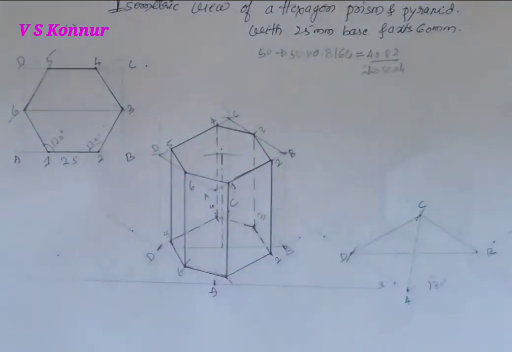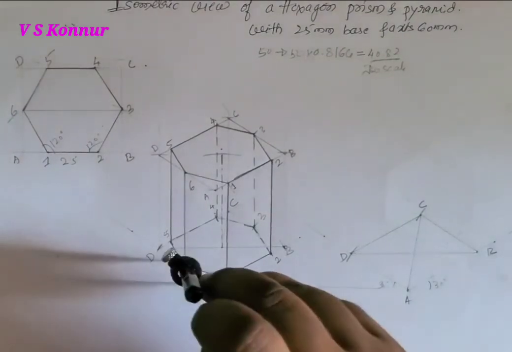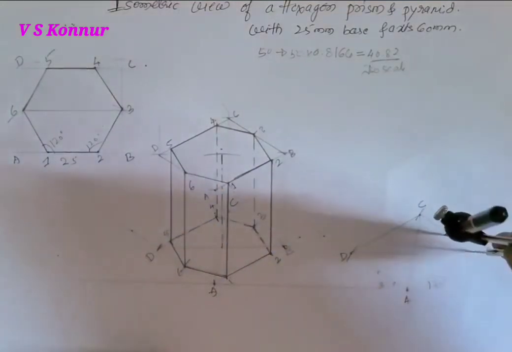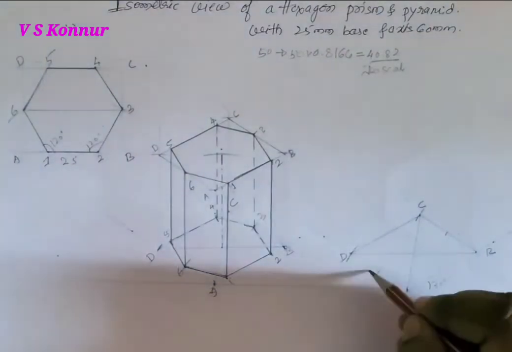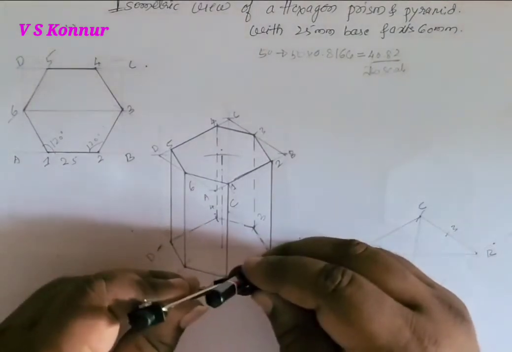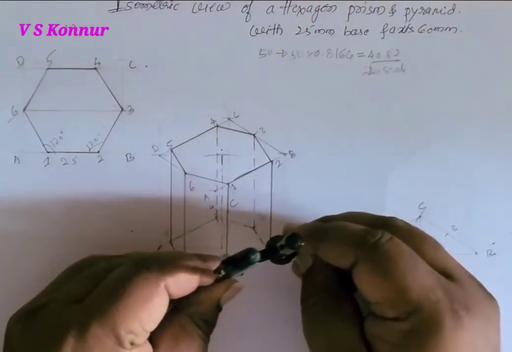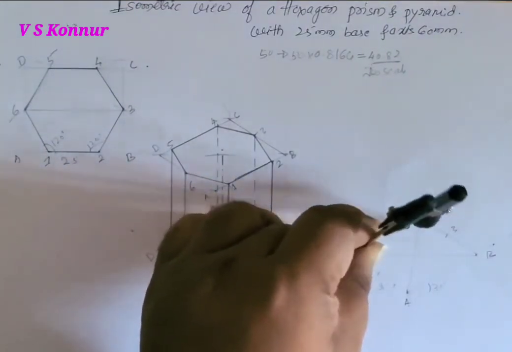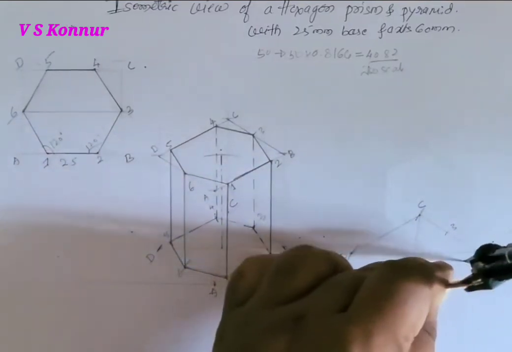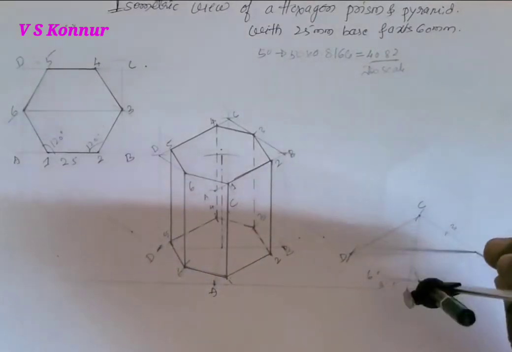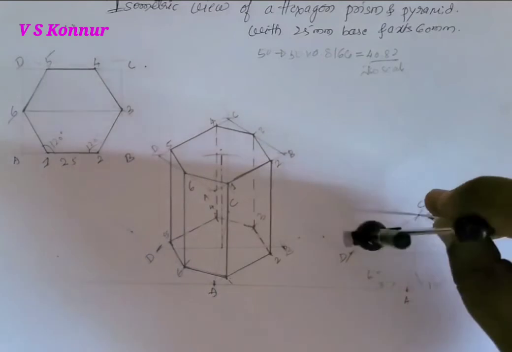Right, now we'll transfer the hexagon on the same box. First we'll take the distance from A to 6. By keeping at A point we'll cut another point 3. So we got the 6 point and 3 point, both are the same. Then I will take the A to 2 distance. By keeping at D I will cut, because both distances are the same. And also from A I will cut, and then from B will cut, from C will cut.